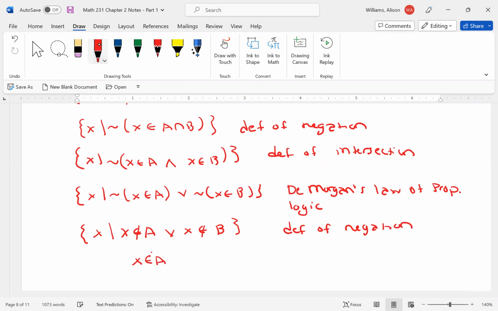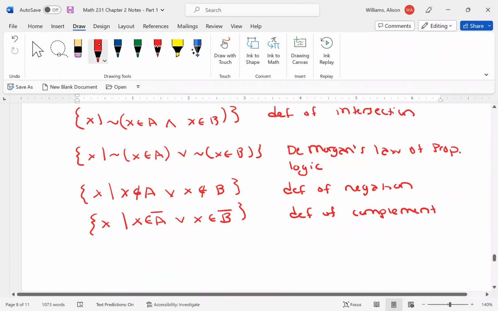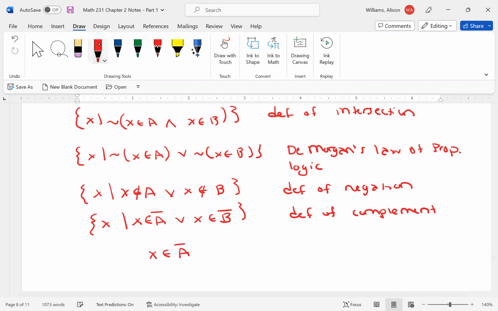So that means that it's a member of A complement or a member of B complement. That's definition of complement. All right, we are so close now. So another way of saying this is saying that X is an element of their union, because that's definition of union.